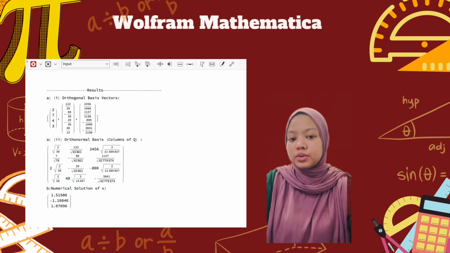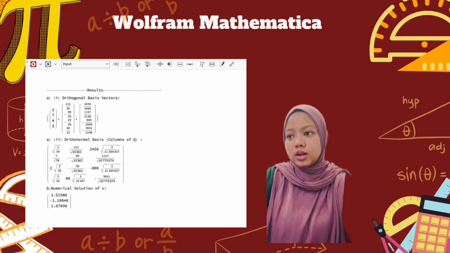After we put all of the inputs, we press shift enter to get the output. As we can see here, we have the orthogonal basis vectors result, which is question A1, the orthonormal basis columns of Q, which is question A2, and the numerical solution of x, which is question B.